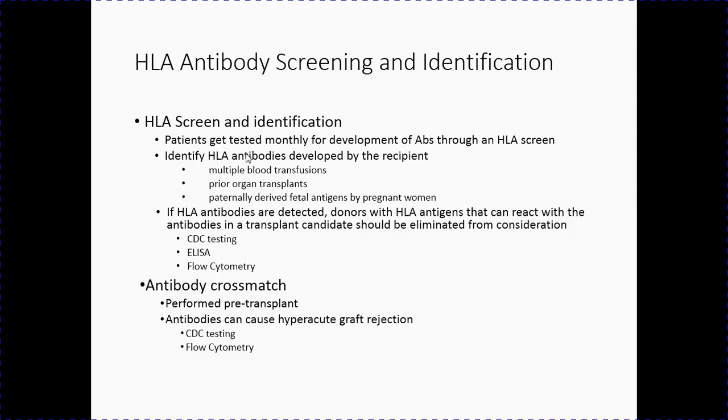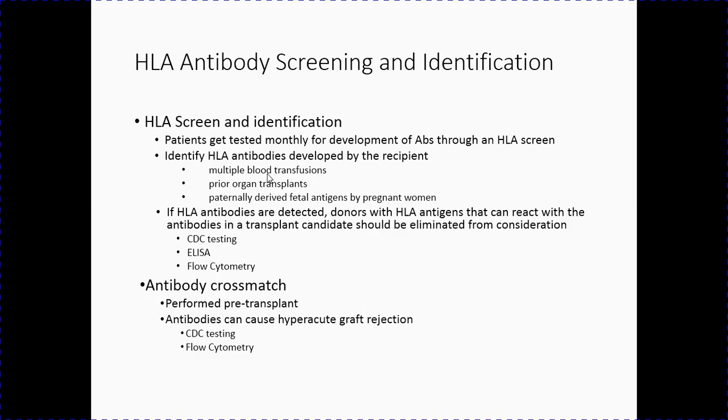They can develop antibodies after multiple blood transfusions, maybe a prior organ transplant, maybe even something like we saw last week or the week before when we talked about pregnant women developing antibodies to fetal antigens that were derived from the paternal inheritance.